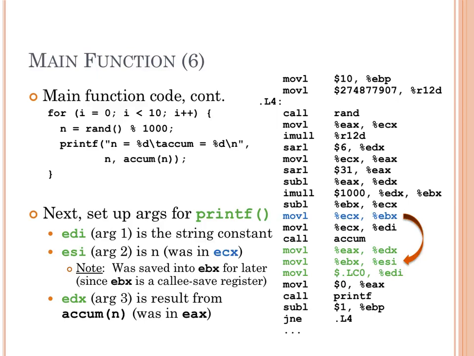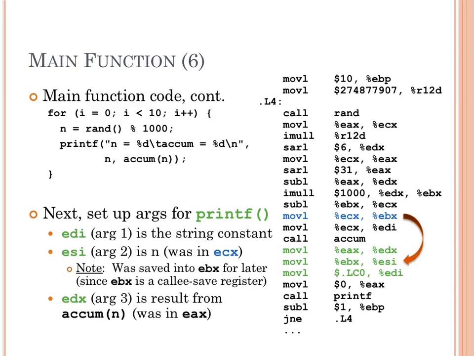So it stuffs it into EBX, pulls it out of EBX, and puts it into ESI. This is like saving a register's value without having to involve the stack. This is a lovely thing about compilers. They teach you a lot about how to write clever code. Any other questions about this?